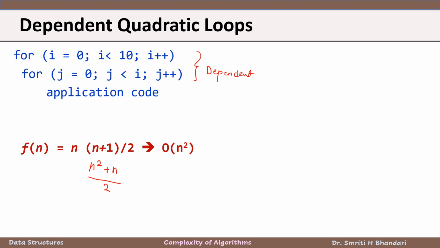The maximum power in this polynomial is 2, right? So order of n square would be the efficiency or complexity for dependent quadratic loops.